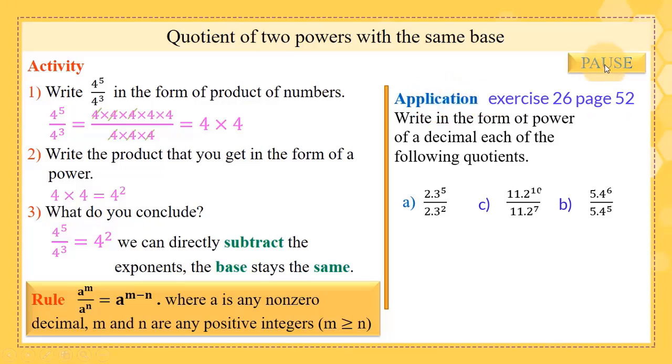Please pause the video to solve. Solution. 2.3 exponent 5 over 2.3 exponent 2 equals 2.3 exponent 5 minus 2, which is equal to 3. We have the base 11.2, we subtract the exponents 10 minus 7 to get 3. We have the base 5.4, we subtract the exponents 6 minus 5 to get 1.